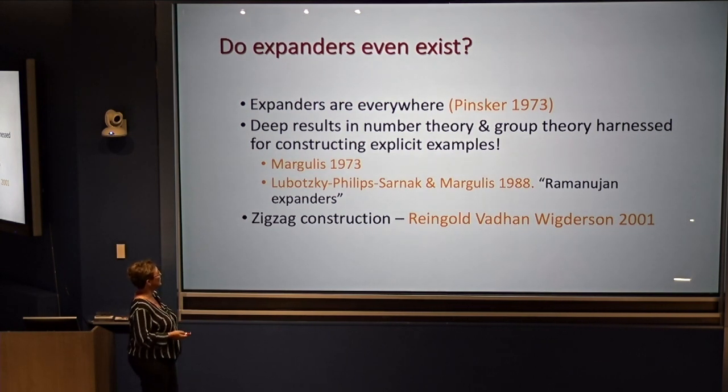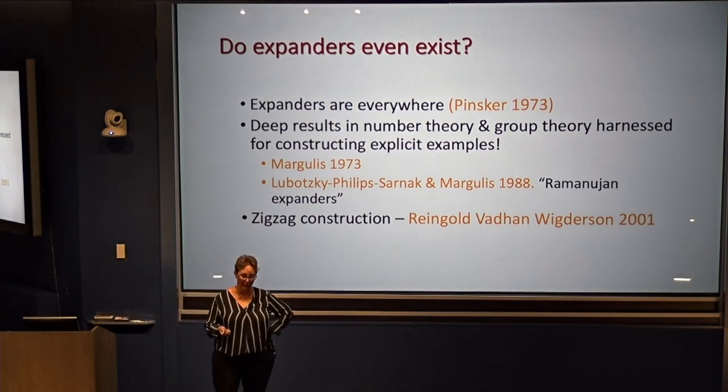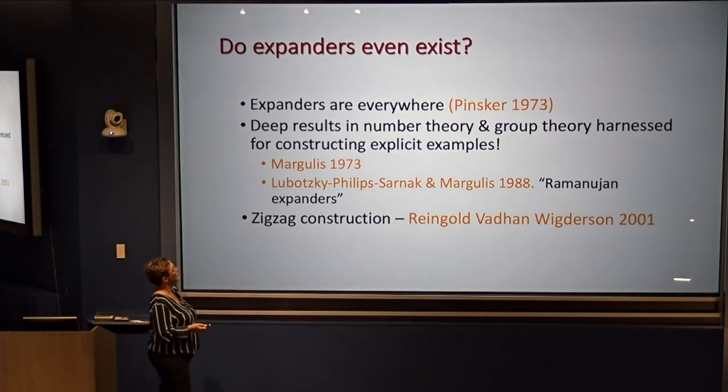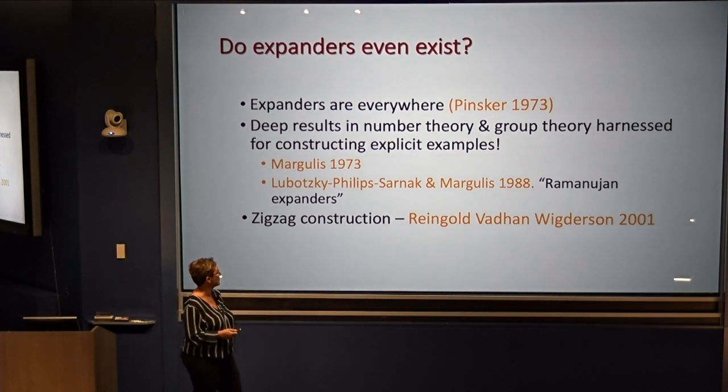And as we heard, there are deep results in number theory and group theory that are used to construct explicit families of expander graphs. These are the famous Margulis expanders, and Lubotsky, Phillips, and Sarnak constructed these optimal expanders called the Ramanujan expanders.